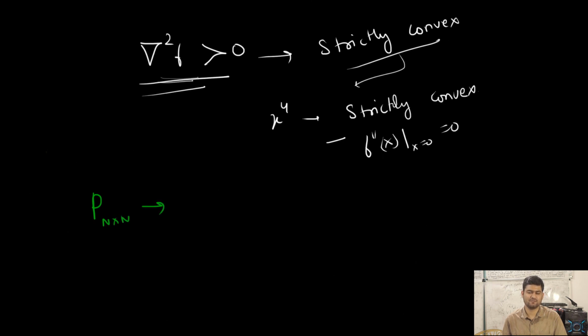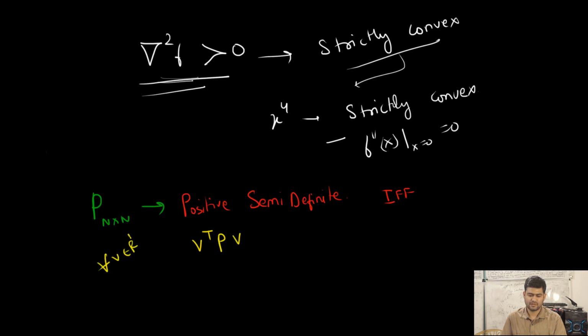This matrix is positive semi-definite if and only if, for all v in the n-dimensional real space, v transpose times P times v is greater than or equal to 0. In other words, all the eigenvalues of P are greater than or equal to 0.